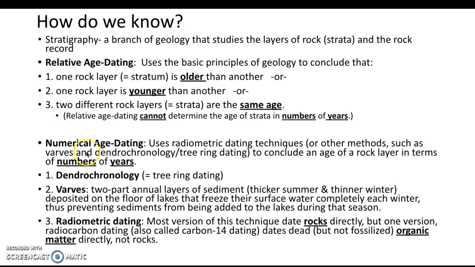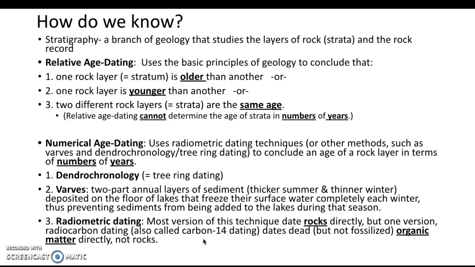In some cases, we can find out a numerical age, figuring out how many years old it is, how many millions or thousands of years. The big one here is radiometric dating. I know I'm going way out of order, but you don't have to write this stuff down anyway. Radiometric dating uses the ratio of particles within the rocks to figure out how old they are.